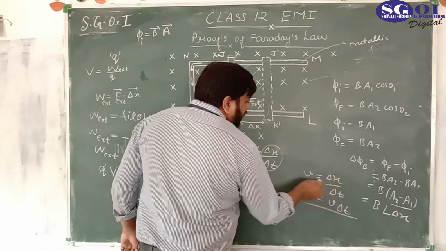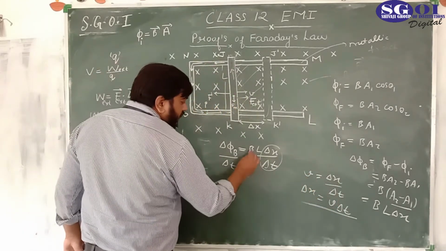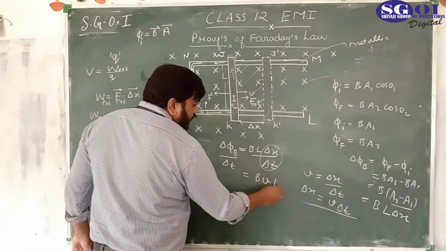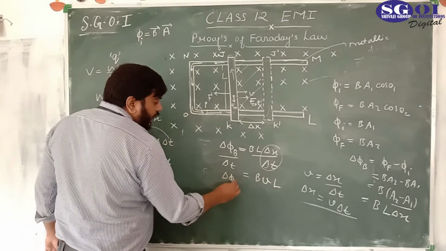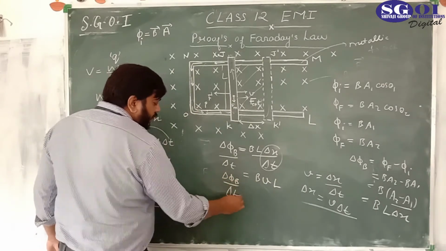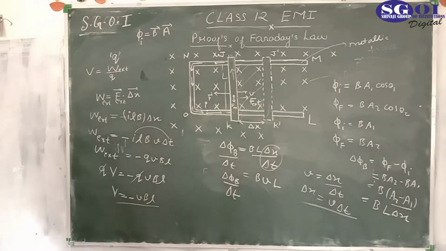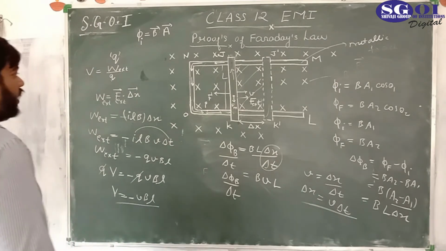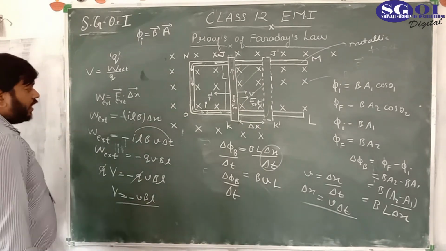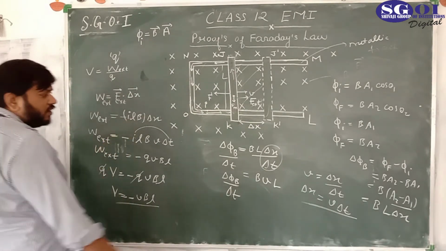What is delta x upon delta t? It is v, velocity. So it is B v l, delta phi B upon delta t. Actually I have taken a small l here, so I was confused.